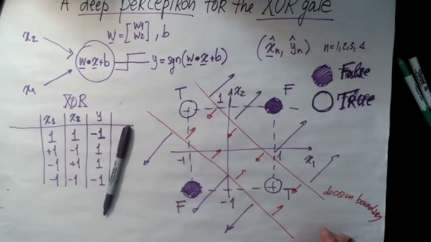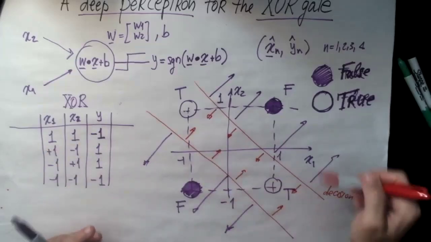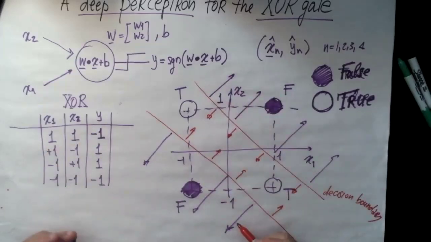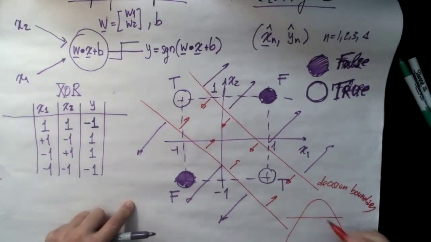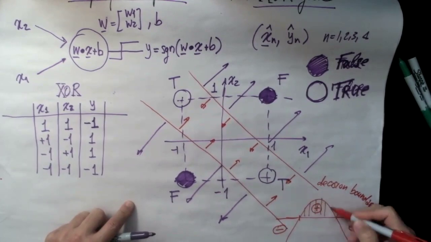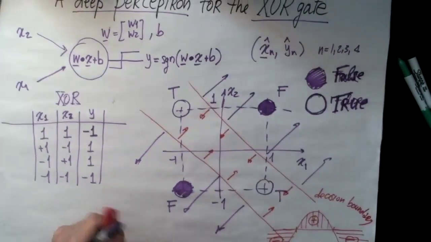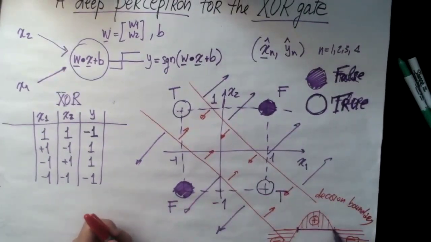And it is clear that this kind of decision boundary can follow basically from a quadratic law, in which these are the positive results and here the minus results.